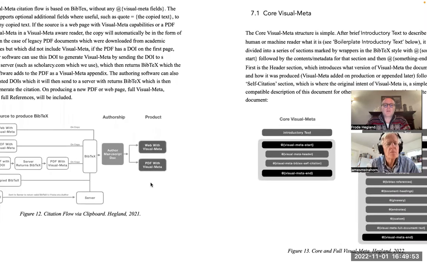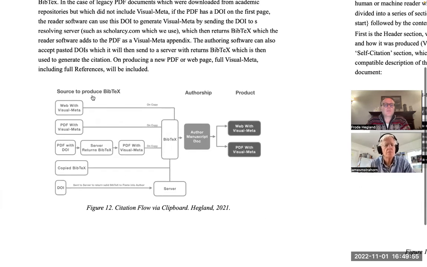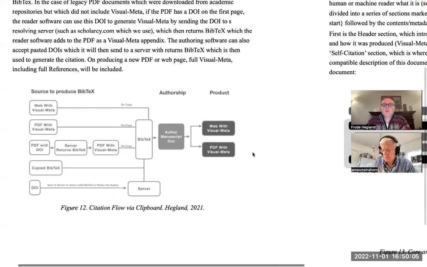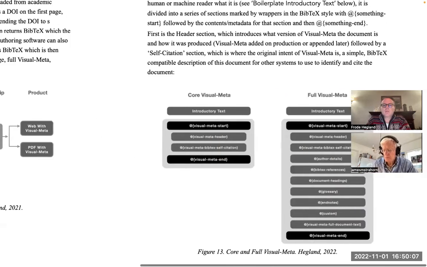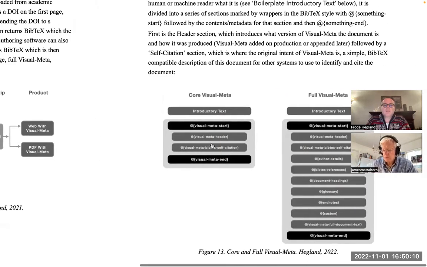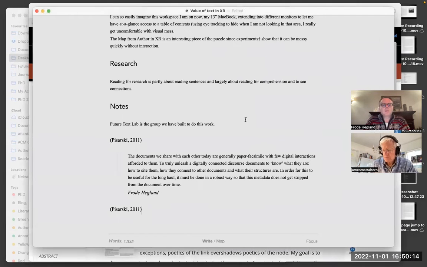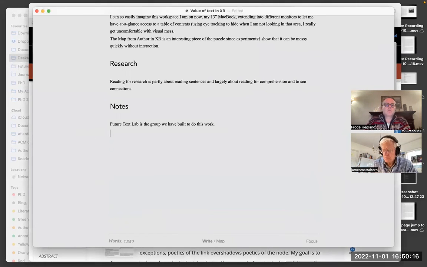So here you can see how the citation flow works. If it's a PDF with Visual Meta, that's how it goes. If it's a DOI, it goes to the server, becomes BibTeX, and that's how it goes. So here you can see the different levels of Visual Meta. We don't have any VR stuff natively there yet.